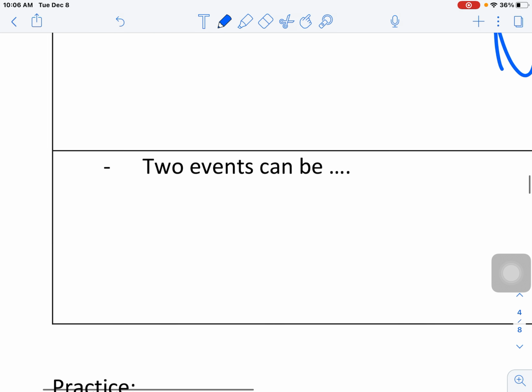So these two events can be one of three things. First, they can be independent, which means they're not disjoint.